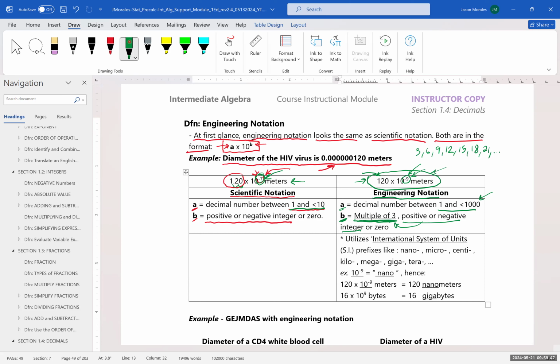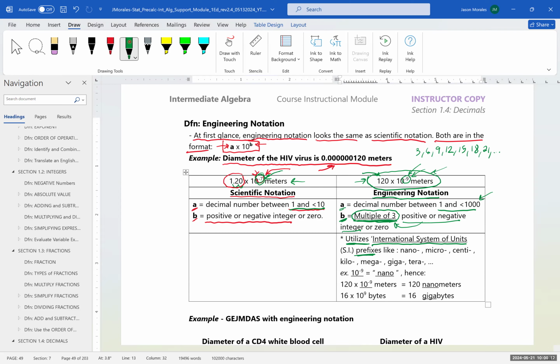One of the immediate questions is, why does engineering notation have this added stipulation of being a multiple of 3? It's in multiples of 3 so that it can fit in line with the International System of Units and the prefixes that you'll find there. So what do we mean by prefixes?